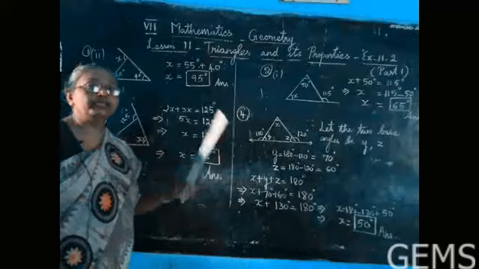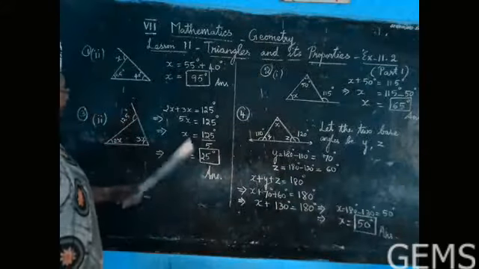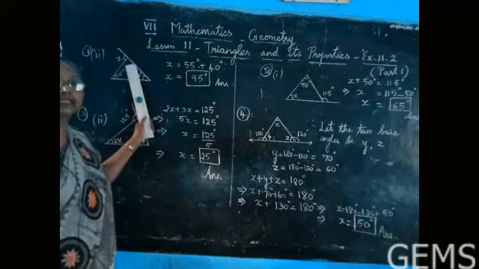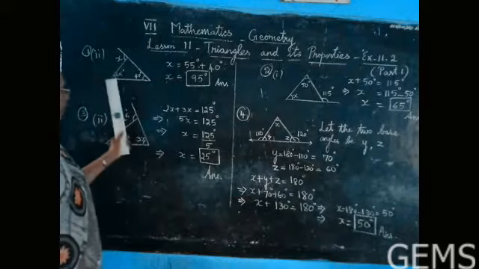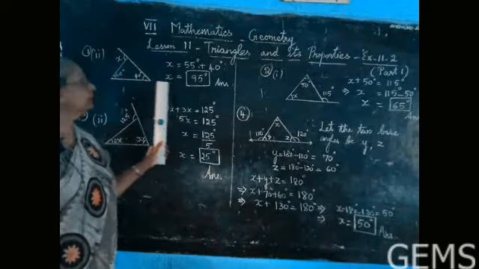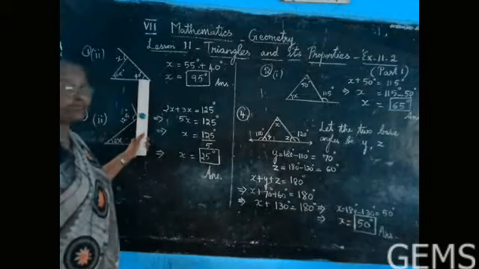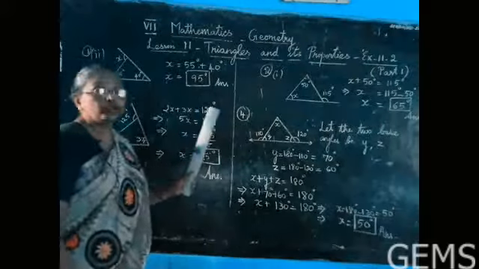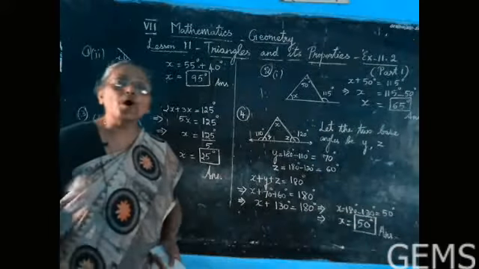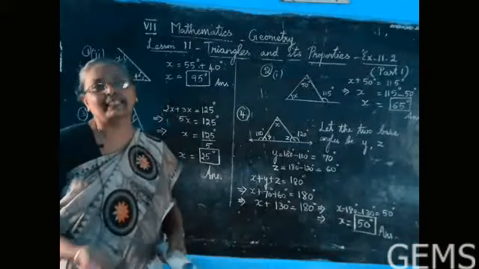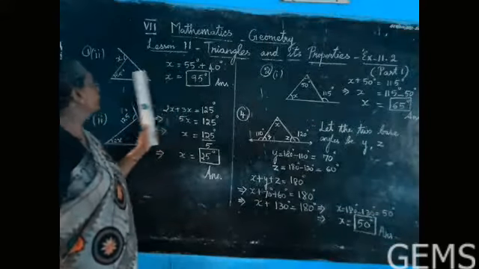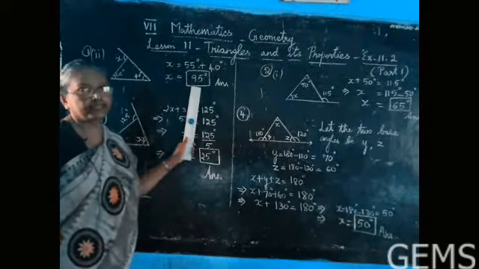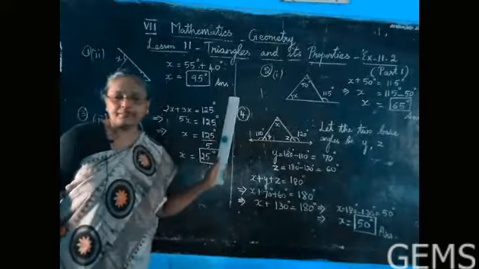As I taught you previously, these two are opposite interior angles to the exterior angle x. Therefore, according to the property, the sum of those two angles will be equal to the exterior angle. So, x is equal to 55 degrees plus 40 degrees, which is 95 degrees. Therefore, x is equal to 95 degrees.